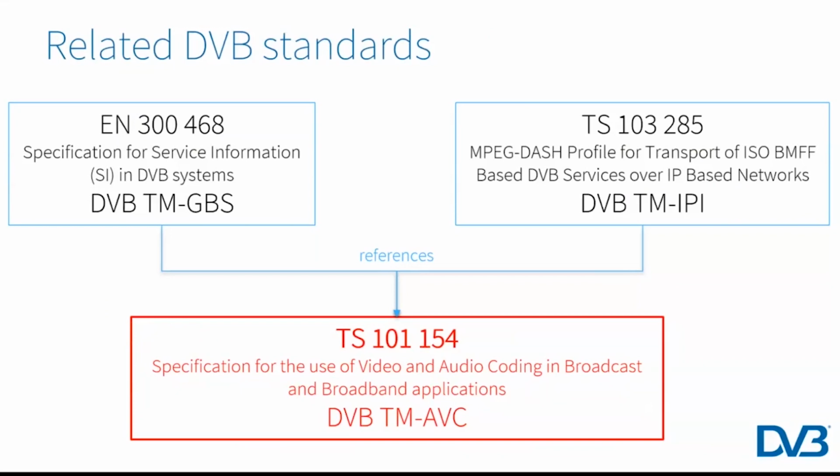That has also been adapted to enable signaling of bit streams that use this dynamic metadata. So you should be aware of these two additional standards to use together with TS 101 154. And of course, which one you take depends very much on your application. If you do some more traditional broadcasting based on the MPEG-2 transport stream, you want to look at the DVB-SI. Otherwise, if you're doing more MPEG-DASH kind of delivery, you will want to look at the DVB-DASH specification.